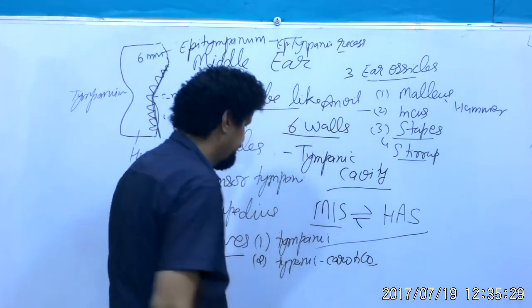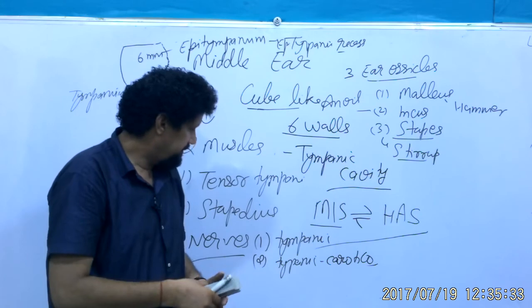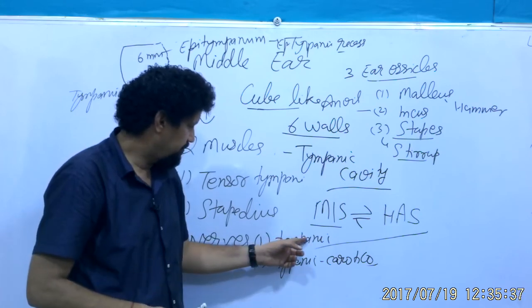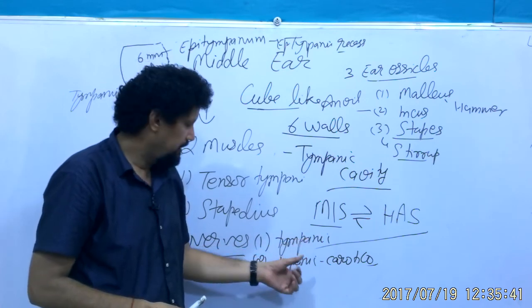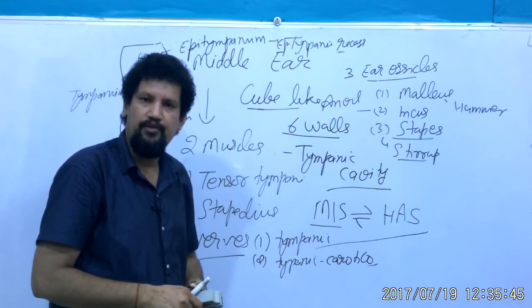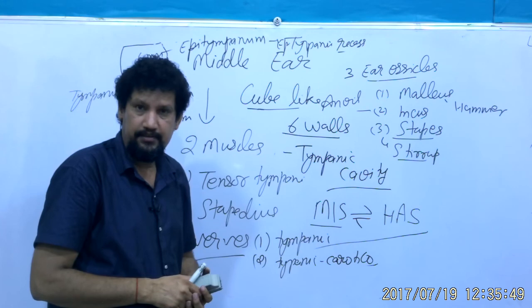This is the somatic afferent, bringing the sense of pain, touch, temperature from the middle ear, and this is related to postganglionic sympathetic, vasomotor for the mucosa of the middle ear.